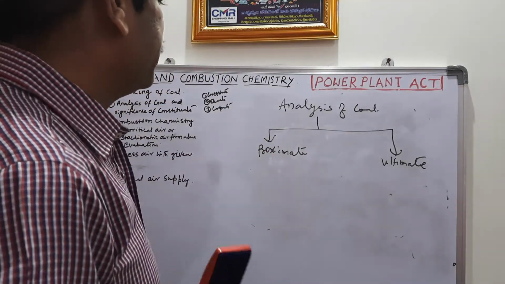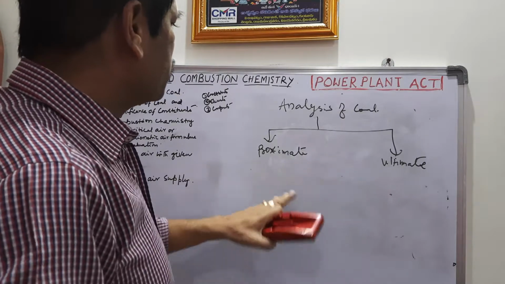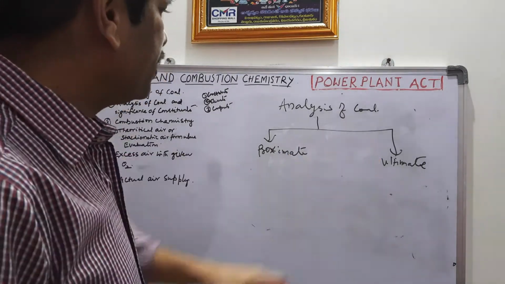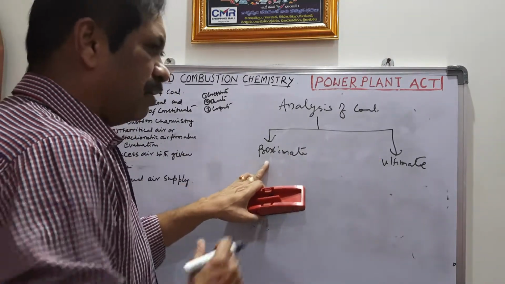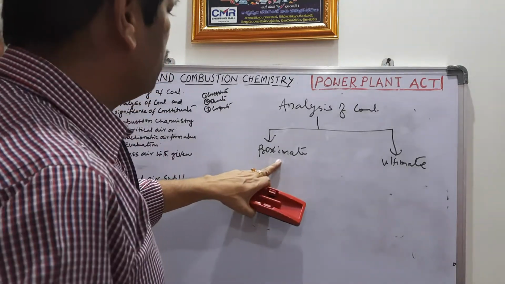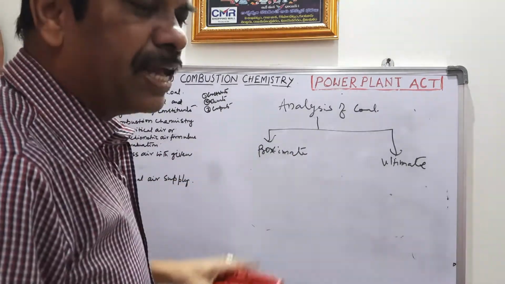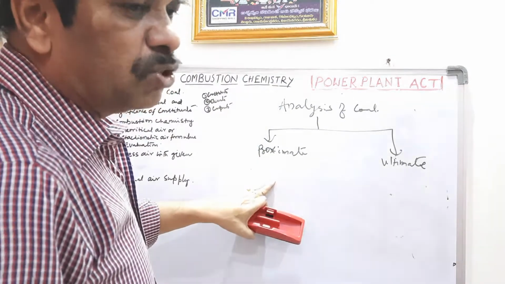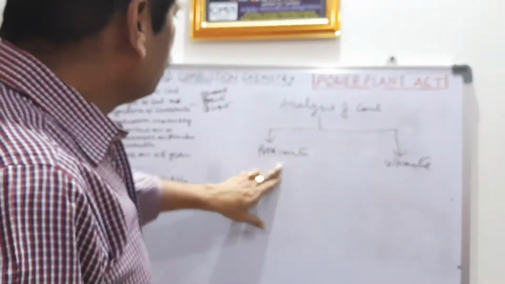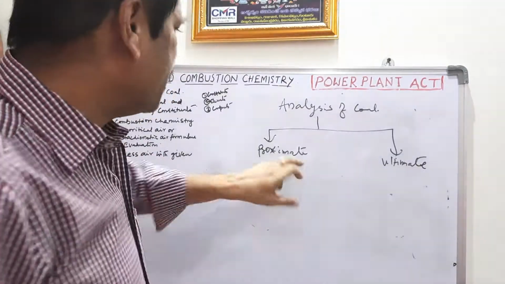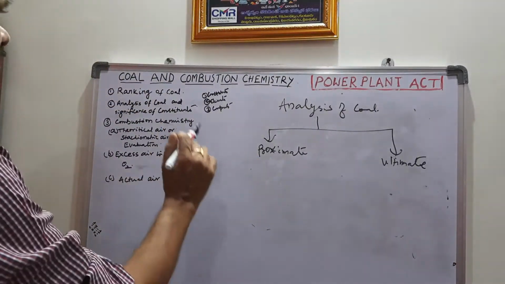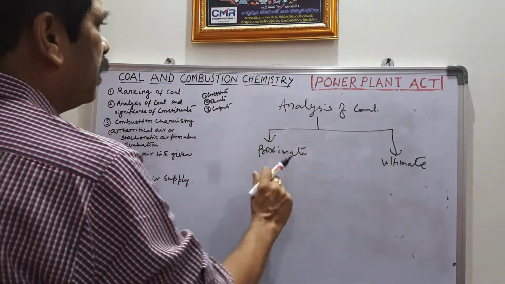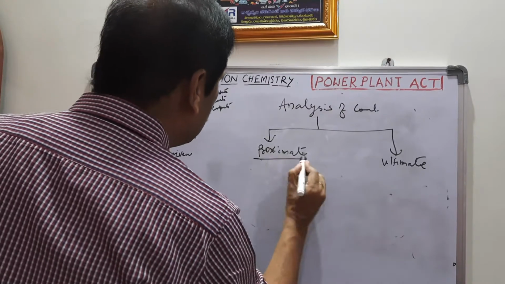So these are the differences between proximate analysis and ultimate analysis. In plants, generally proximate analysis is taken, so that this analysis can be carried out easily and very quickly. So what are the elements to be analyzed in proximate analysis?